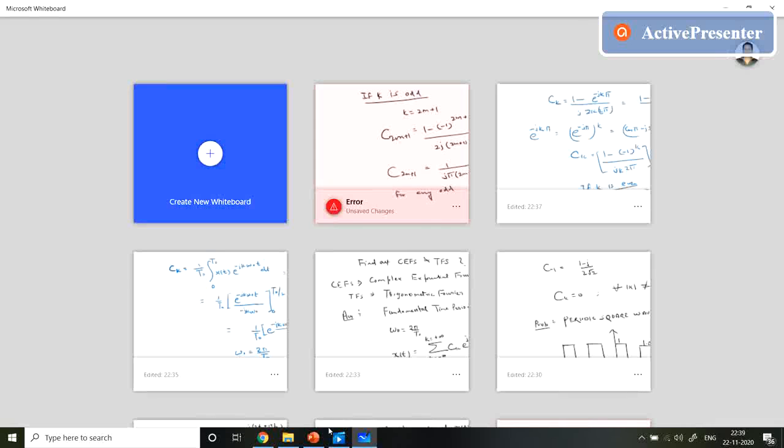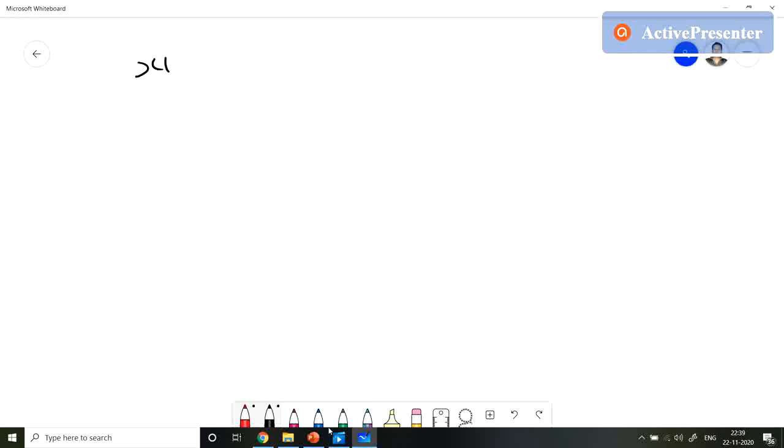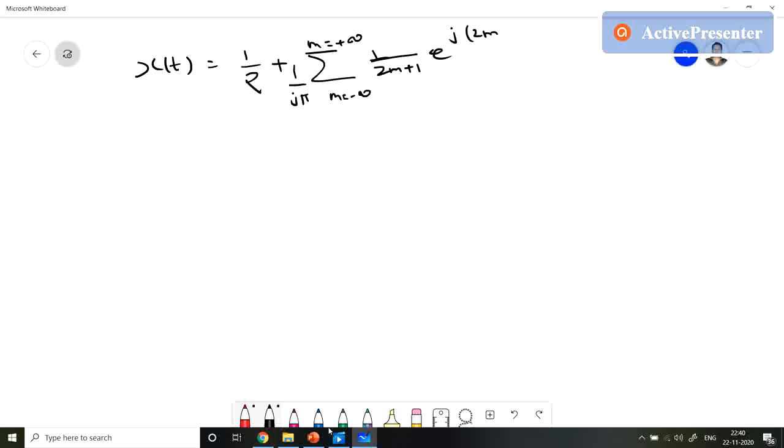So let us write down the complex exponential Fourier series. So x(t) is equal to 1 divided by 2. We have just put the c naught value outside that summation, and the rest of the terms we can write: 1 divided by j pi, sum from m equal to minus infinity to plus infinity, 1 divided by 2m plus 1, e raised to the power j (2m plus 1) omega naught t.